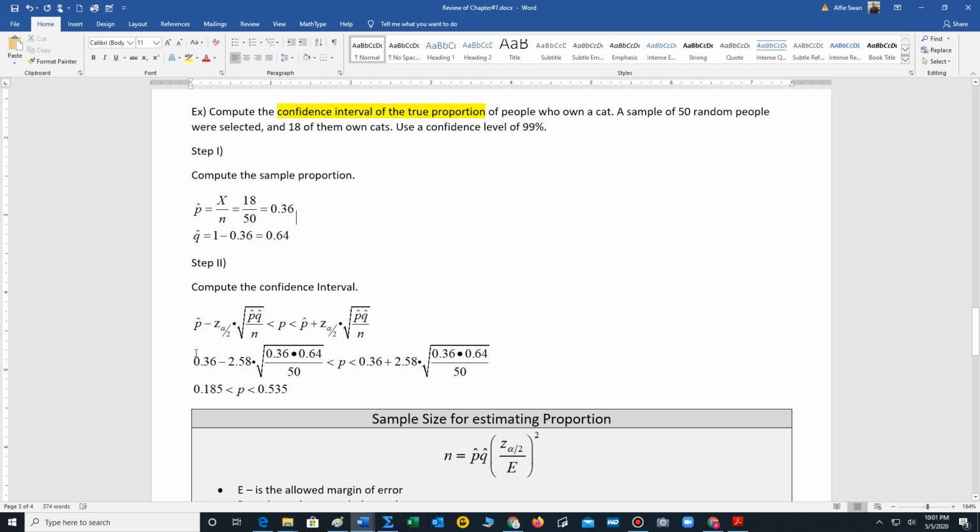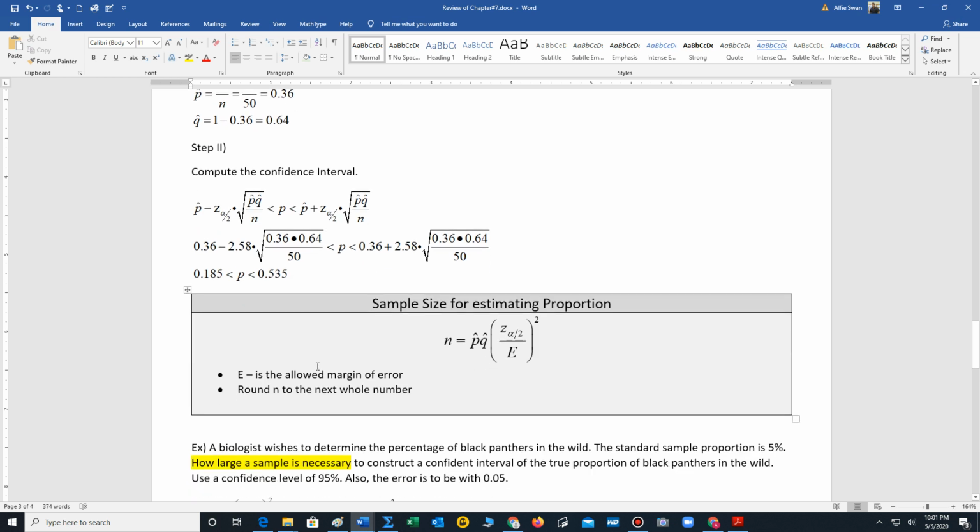And you just have to be real careful how you type in this information. You may want to look at my video for computing the confidence interval for a proportion, and always round to 3 places. So P is between 0.185 to 0.535. And just leave it in the decimal form when you write your answer.